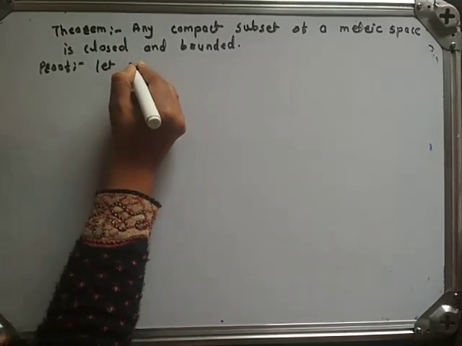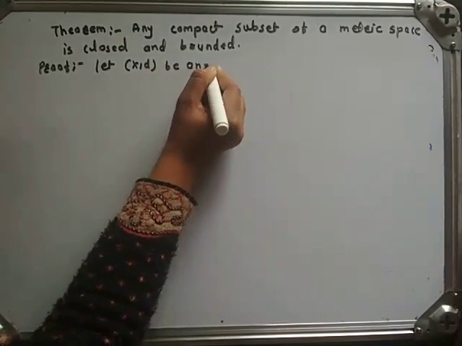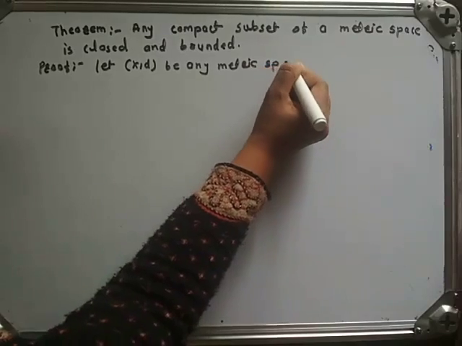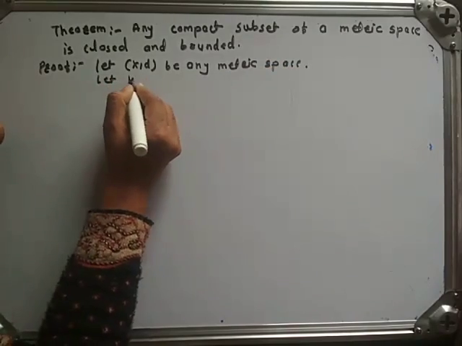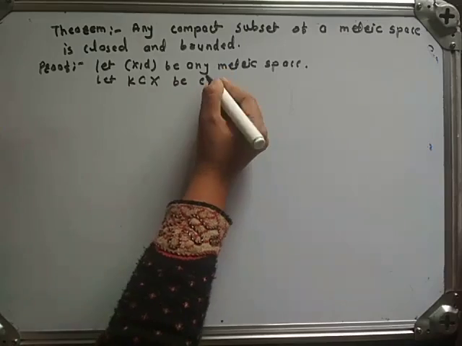Let (X, d) be any metric space. Okay? Let K, a subset of X, be compact.